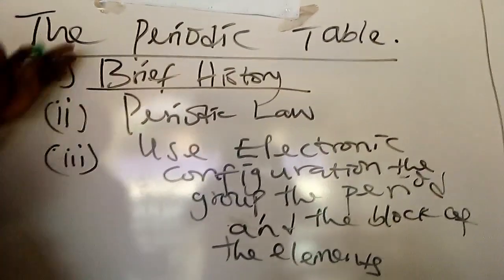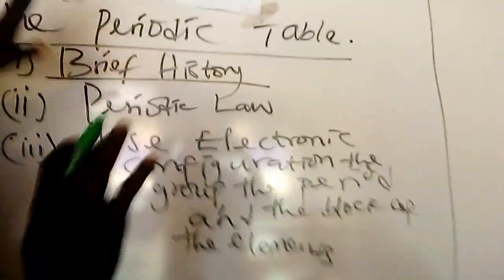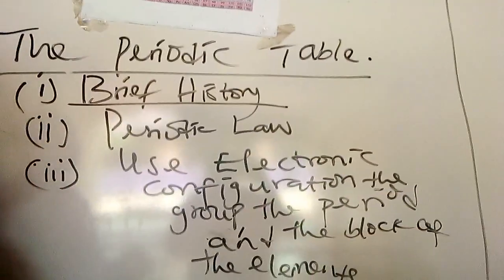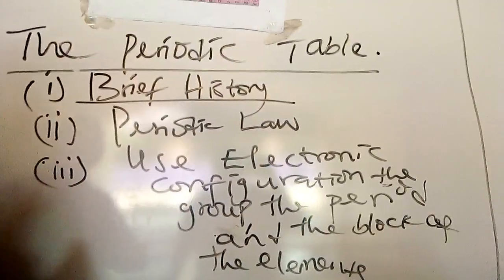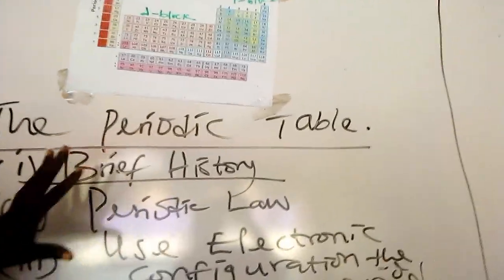It was Dmitri Mendeleev who first discovered this periodic table. What he did was to arrange the elements in increasing order of atomic mass. Because of that, there were lots of gaps in his table.